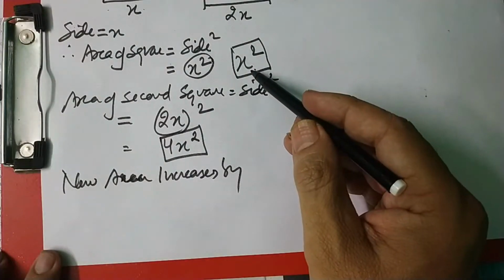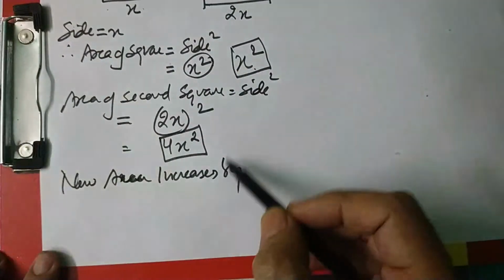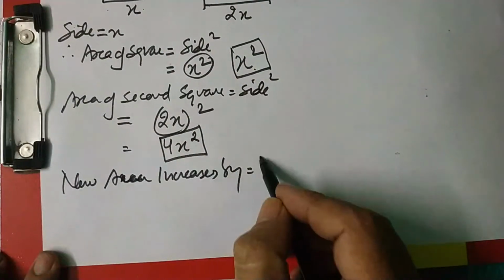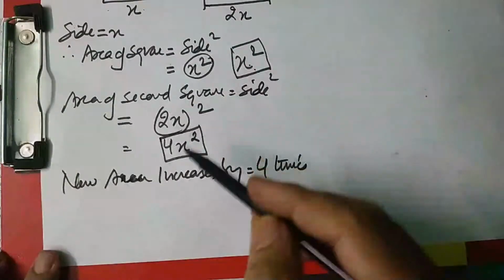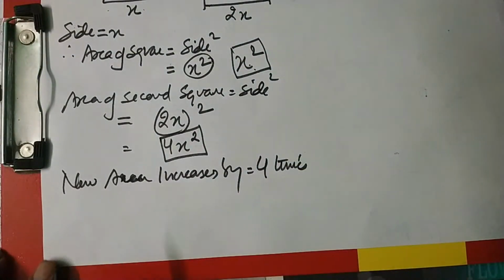From x squared, it has become 4x squared. So how many times has it increased? 4 times. x squared has become 4x squared, so it is 4 times. Got it? The question says only find how many times the area increases, and that's all.